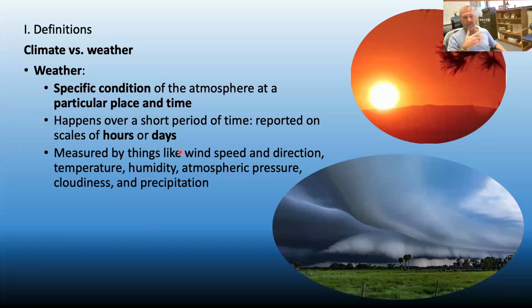And weather is measured by things like wind speed and direction, temperature, atmospheric pressure, precipitation, those kinds of things. Okay. Now, weather is typically identified at a particular place and a particular time, specific to these types of conditions.